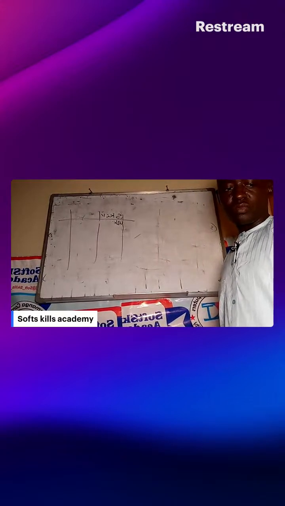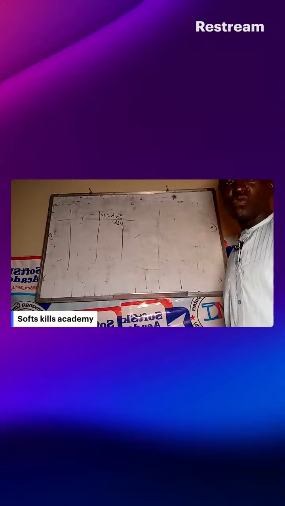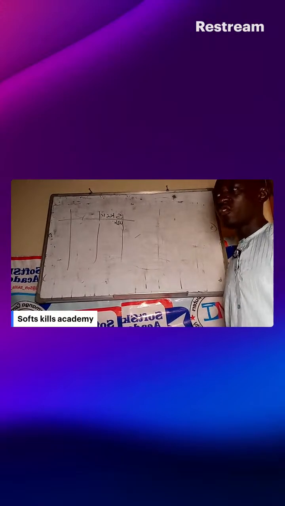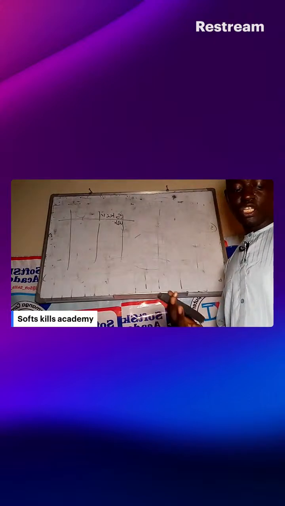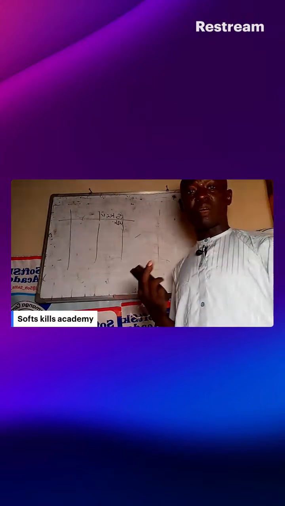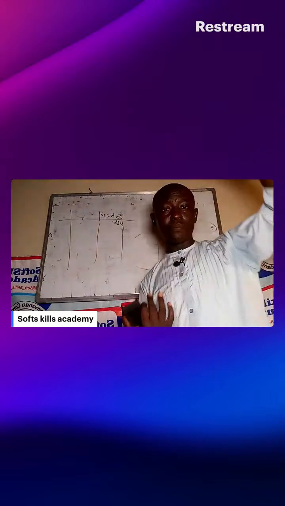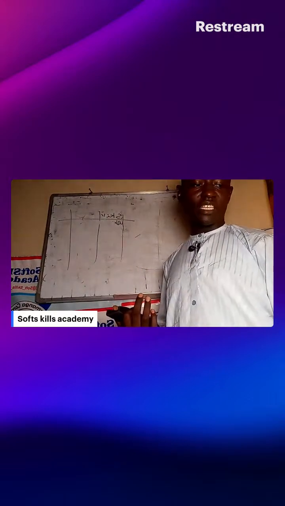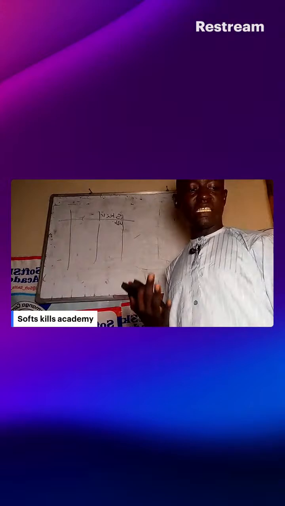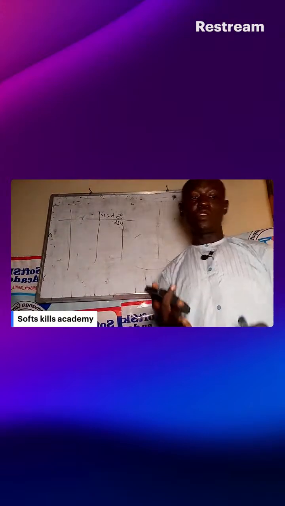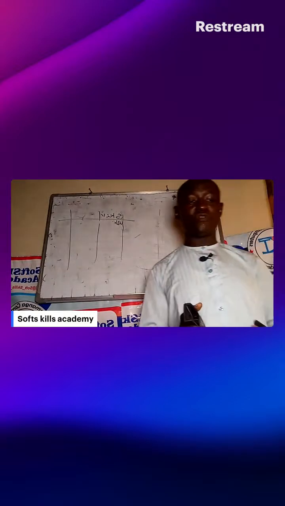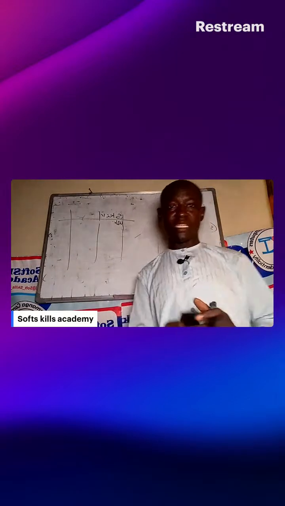Then we have the second normalization form. The first rule states that your table should first be in the first normalization form. Then the second rule is that it should not have partial dependencies.